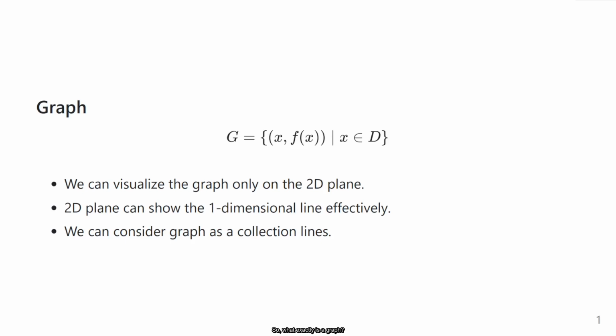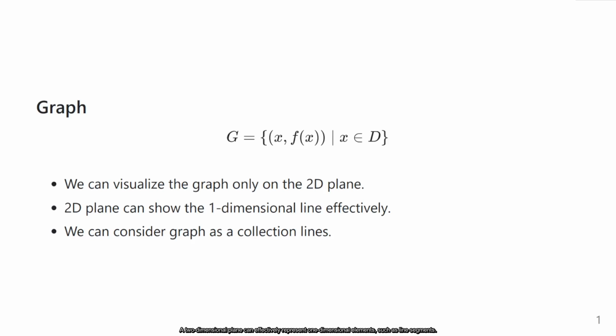So what exactly is a graph? A graph can be considered as a set of ordered pairs consisting of points from the domain and the points from its range. The important thing here is how we visualize the graph. Because we live in a three-dimensional world, the simplest way to visualize a graph is to display it on a two-dimensional plane.